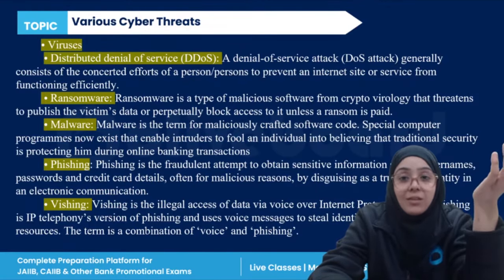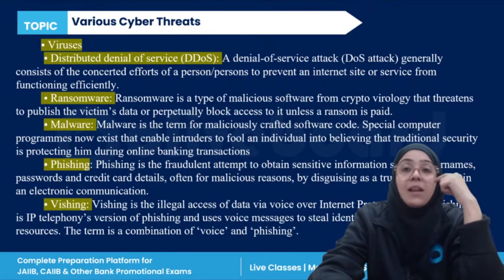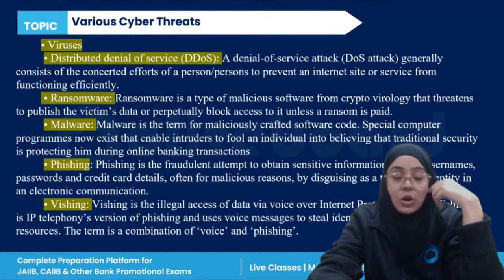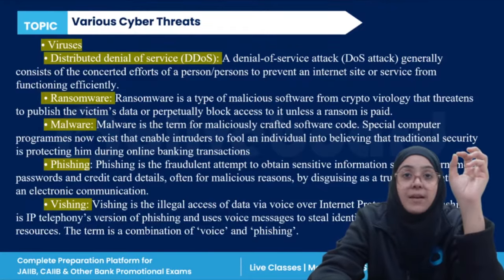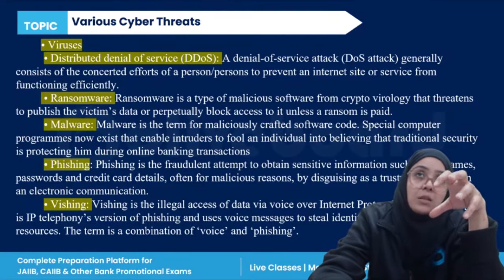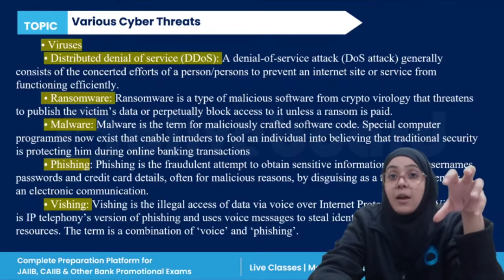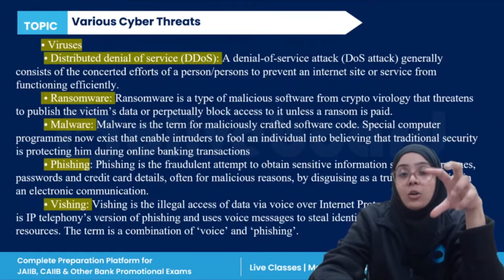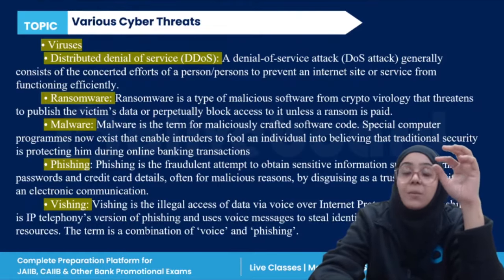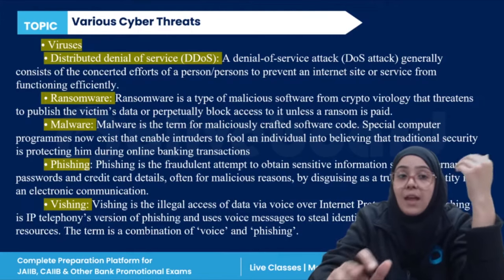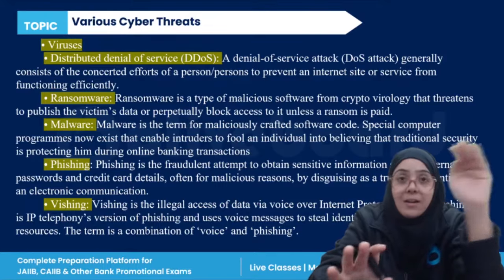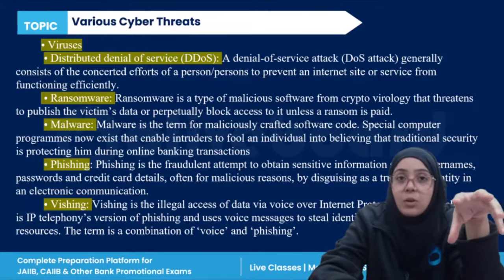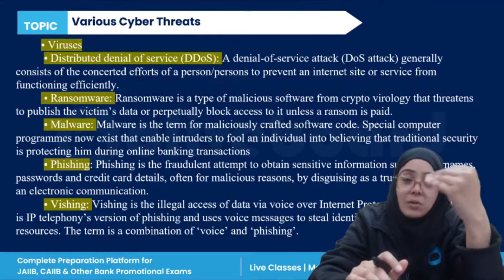Distributed denial of service means, for example, there is a normal cafe. The cafe receives 100 order requests daily. But one day there is unnecessary traffic in the order system, and approximately 1,000 orders come in for that cafe, all made by individuals who don't have actual orders.